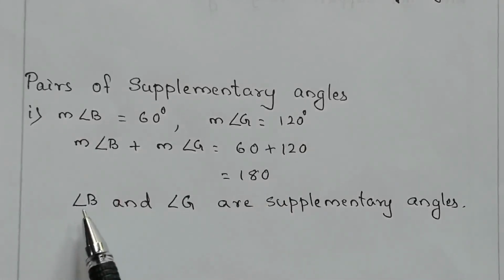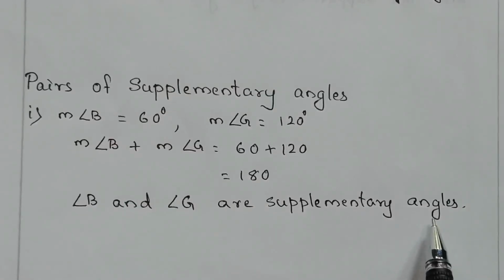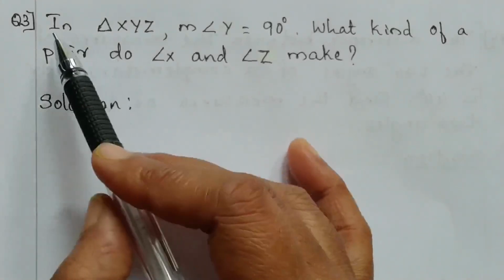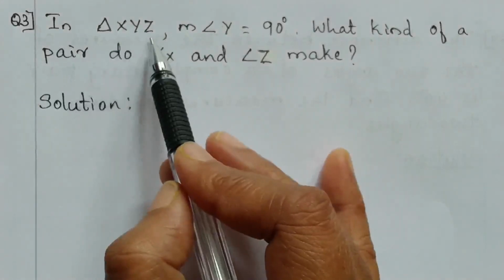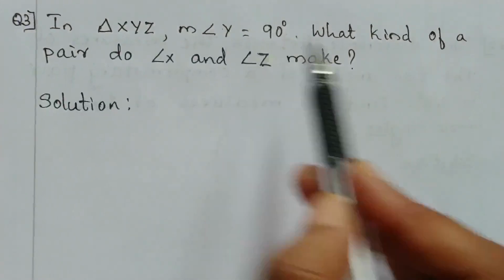Therefore, you can say that angle B and angle G are supplementary angles. Similarly, you can write about angle J and angle N. Please complete that also.